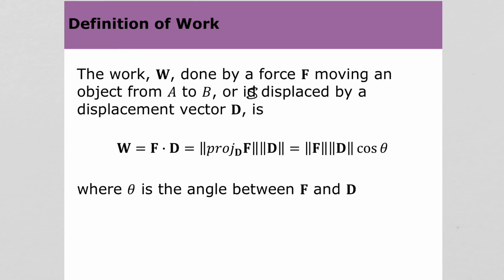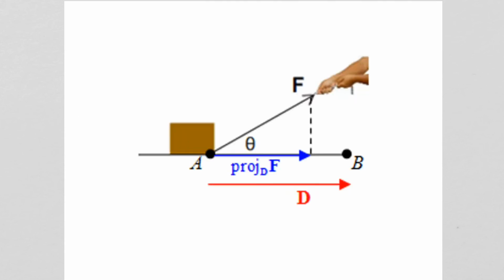If you use the last one, theta is the angle between F and D. So here's an example: we're taking this box and pulling it with a string attached to the bottom. The work is the force to pull that box times the displacement.